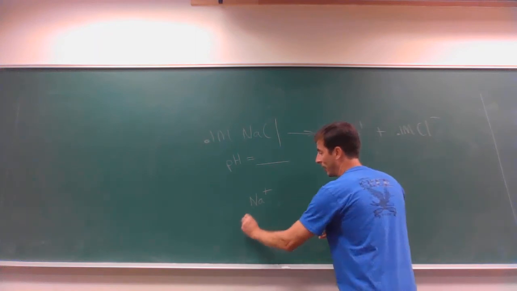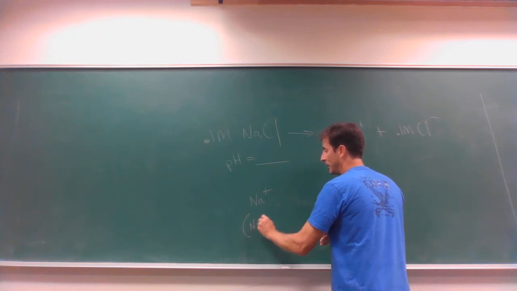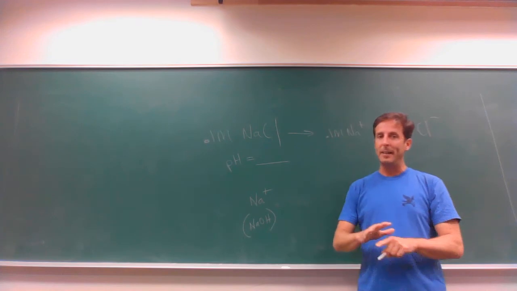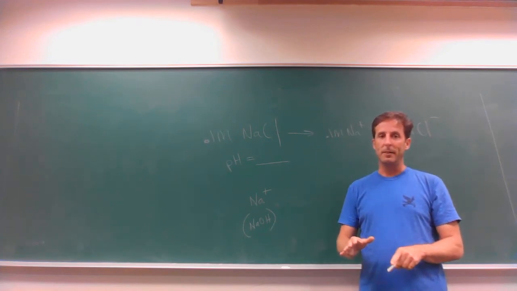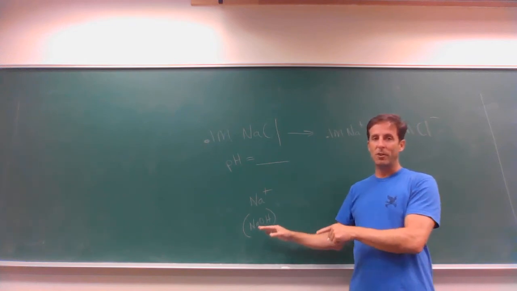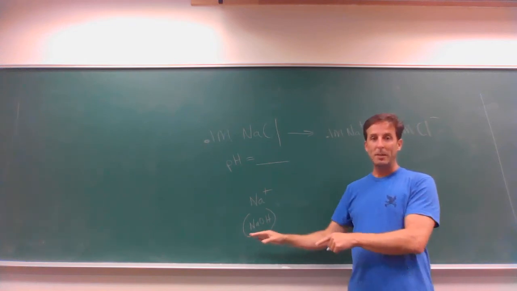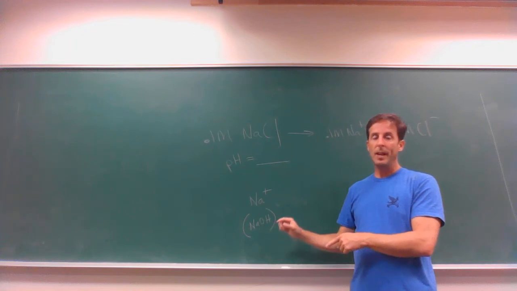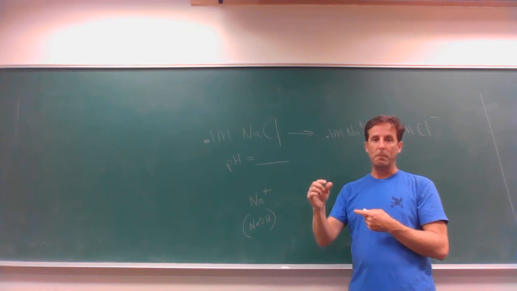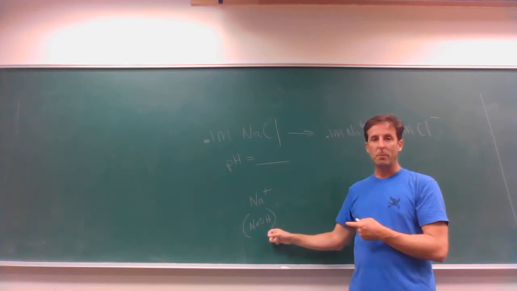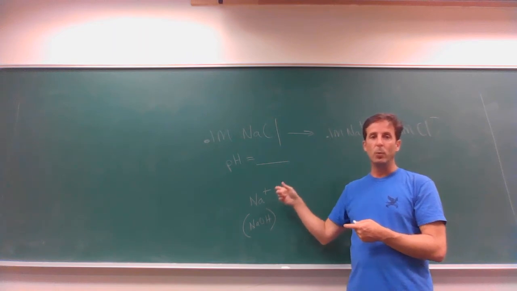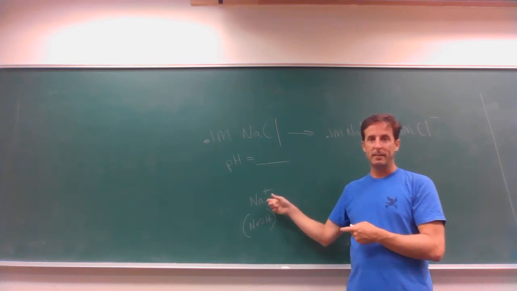I'll write NaOH in parentheses, though in this solution I don't actually have any sodium hydroxide present. But I know it's an extremely strong base, and the strength of its conjugate will be inversely proportional. So if this is a really strong base, the sodium cation is going to be a really, really weak conjugate acid.